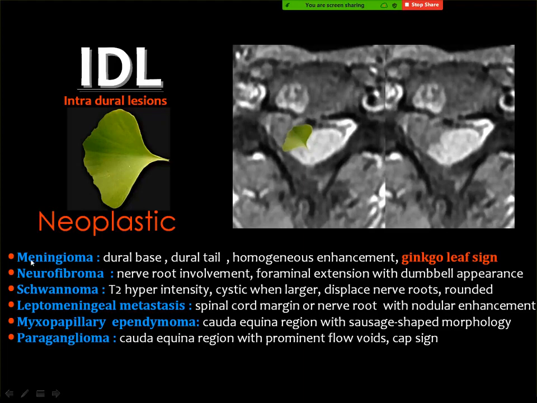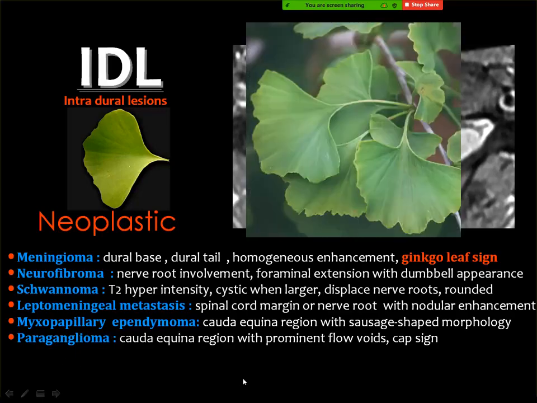You know that the two most common intradural lesions are the meningioma and the neurofibroma, and also the schwannoma. Sometimes you get leptomeningeal metastasis if the patient is known to have a primary malignancy, and if the lesion is attached to the conus, you may think of myxopapillary ependymoma and also paraganglioma.